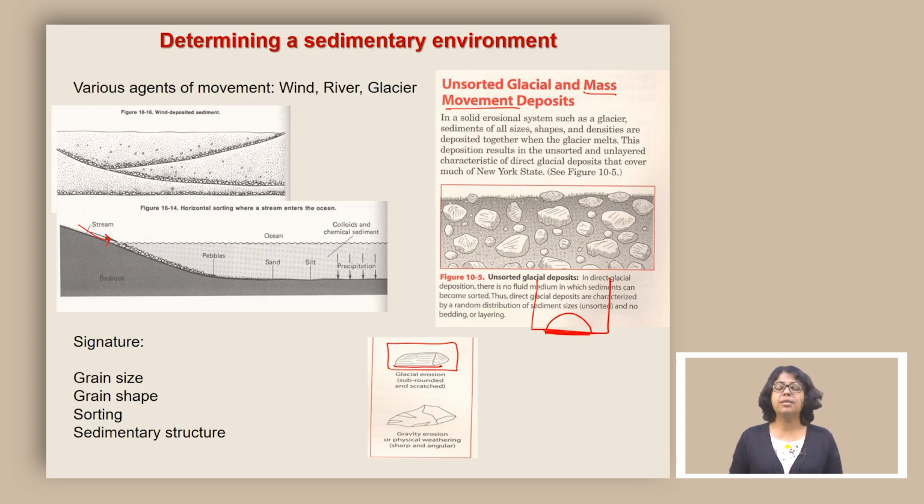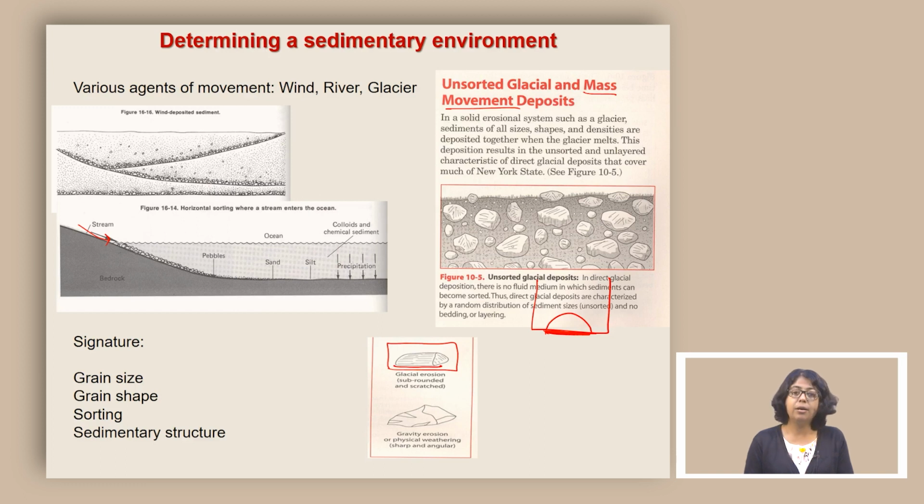But in those cases, because it is like sliding along a slope, the gravity-mediated mass wasting, you are not really going to get any rounding of the grain, whereas for glaciers we can have some polishing on one side.